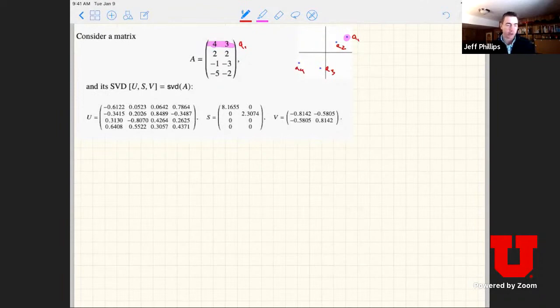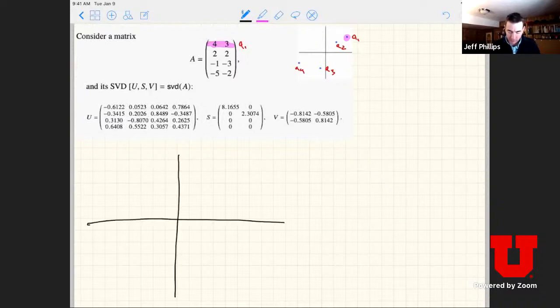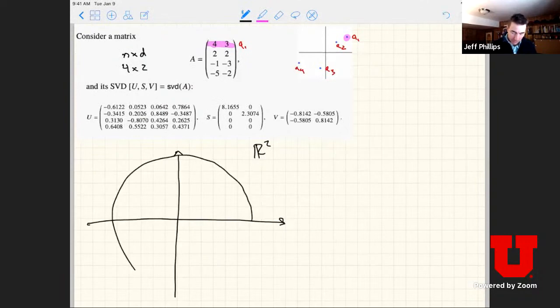So okay, what I would like to think about here instead is that we're going to do this experiment a bit more. This is R2. A is N by D, which is 4 by 2. So I have a 2-dimensional space, and I'm going to have a unit circle.